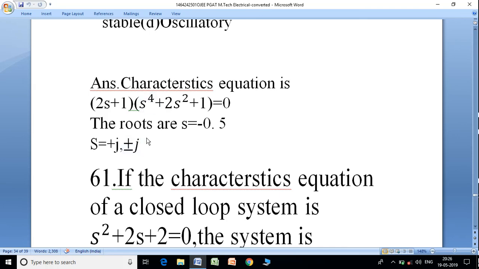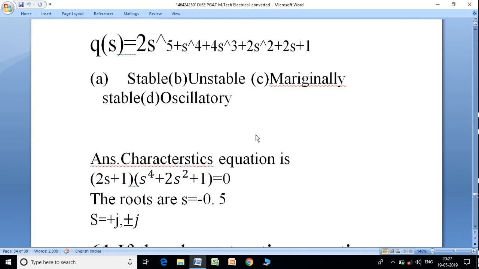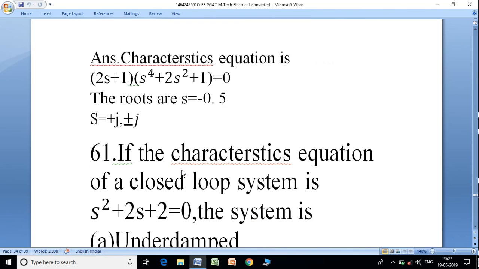Therefore, we have got the 4 roots. So these roots are on the imaginary axis. As the roots are on the imaginary axis, therefore it is oscillatory in nature. So answer B is the correct answer.